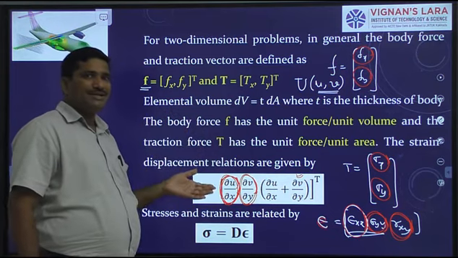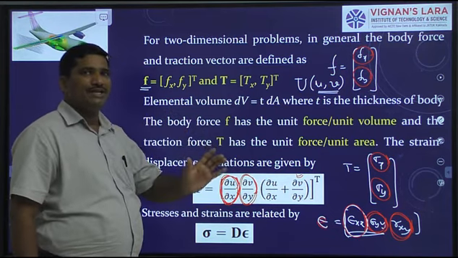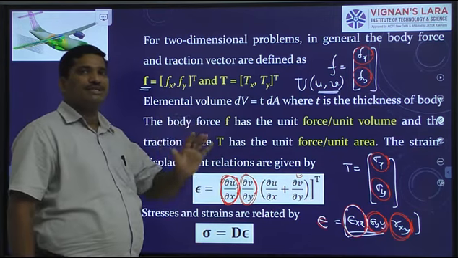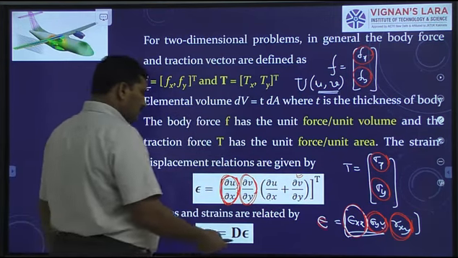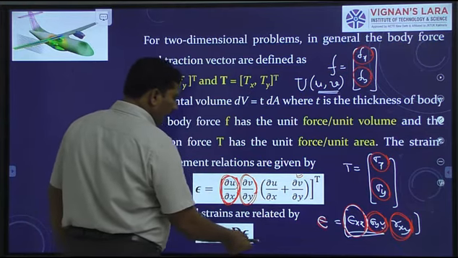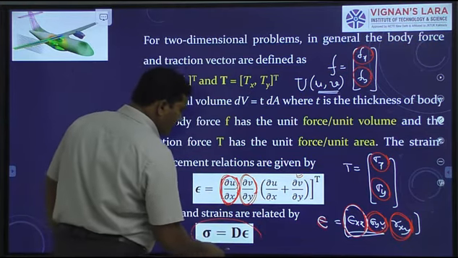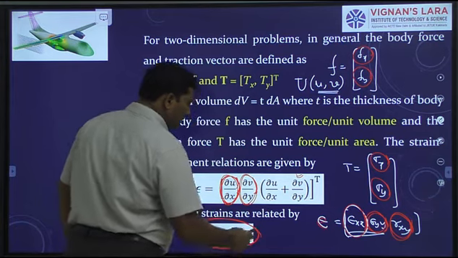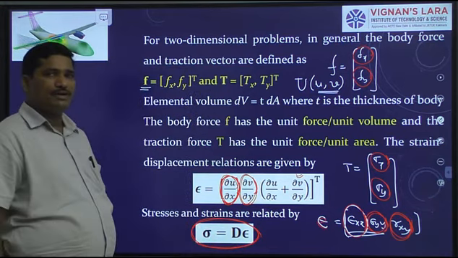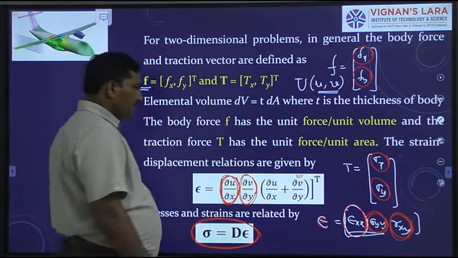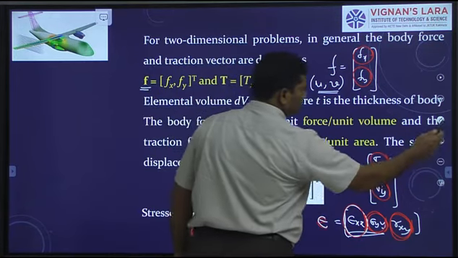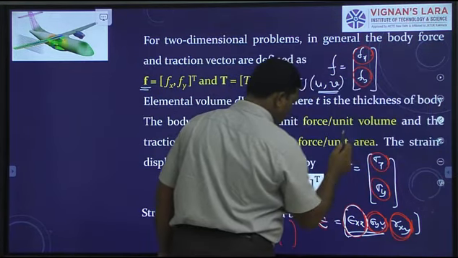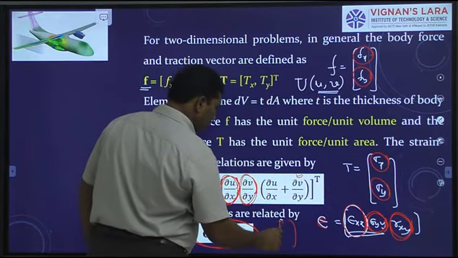When you represent the stresses and strains for two-dimensional problems, how do you get the stress strain relations? You get sigma equals D into epsilon, where sigma is a column matrix of size 3 by 1, which equals the matrix D, whose size is 3 by 3, into epsilon, again a column matrix of size 3 by 1.